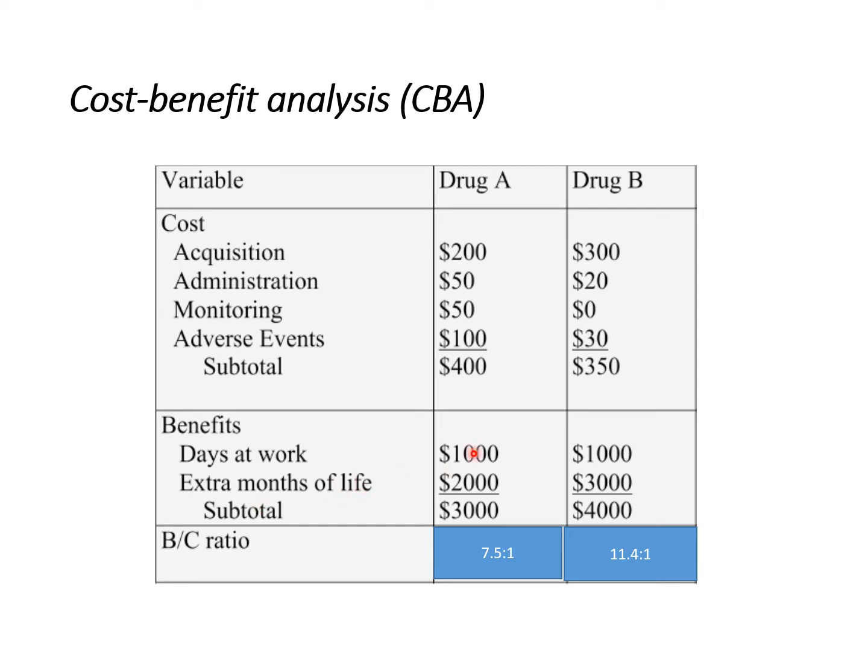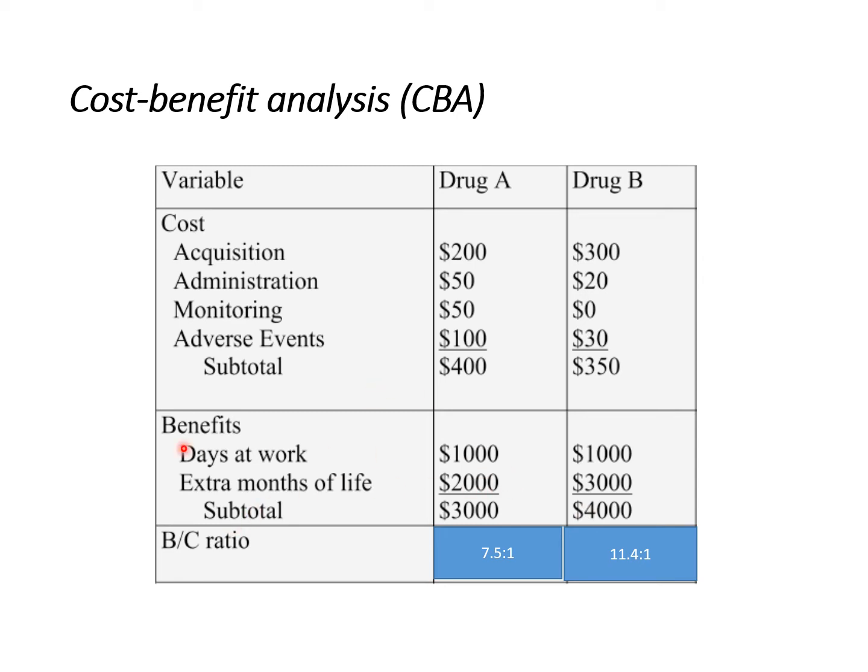Now, days at work for drug A are valued at about $1,000 and the same for drug B. Extra months of survival are valued at about $2,000 for drug A and $3,000 for drug B. So we can assume that drug B produces more months of life.